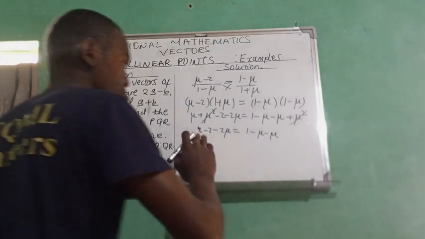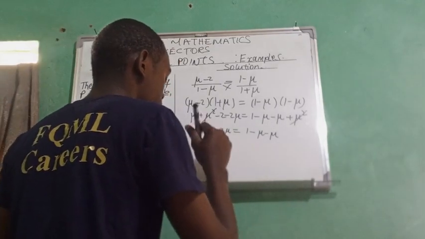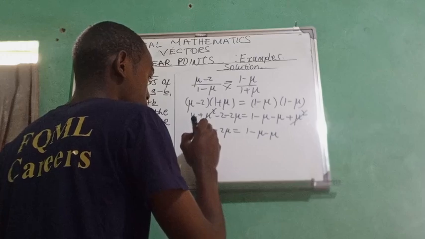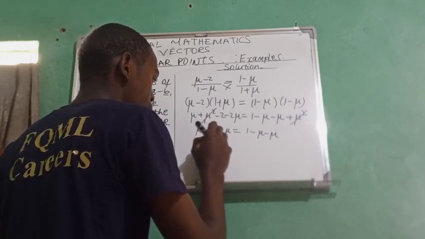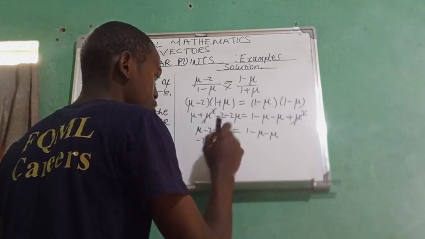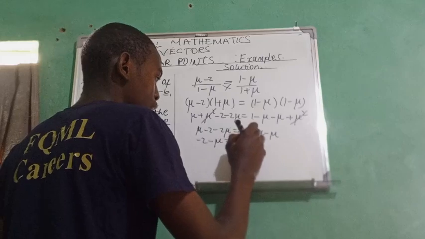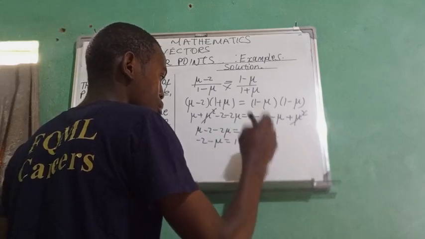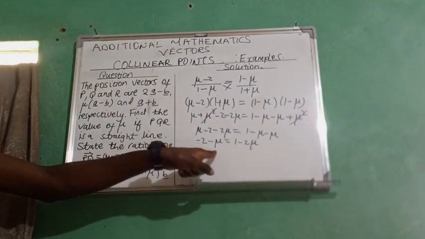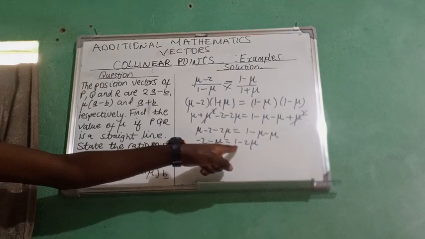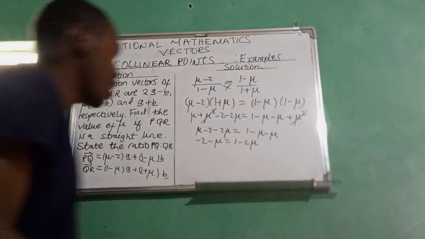We collect like terms here, it would become negative mu. So negative mu is equal to 1 minus 2 mu.